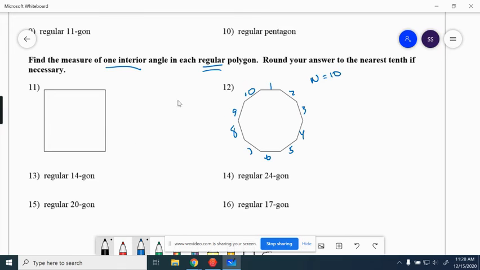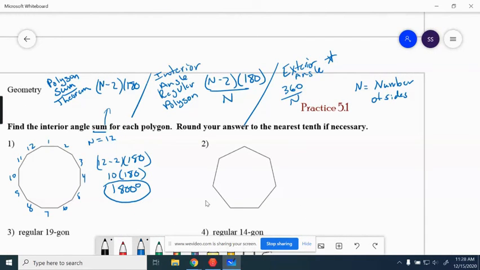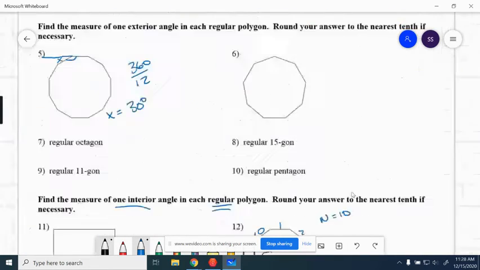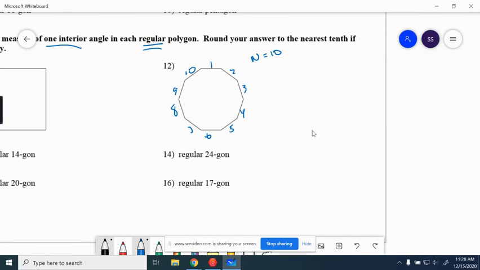Okay, which formula are we using? Let's look back up here. One interior angle. You want to write here 1 interior angle. So we're using this formula here. Okay, very similar to the polygon sum theorem. We're just going to divide by n. So let's do 10 minus 2 times 180 over 10.